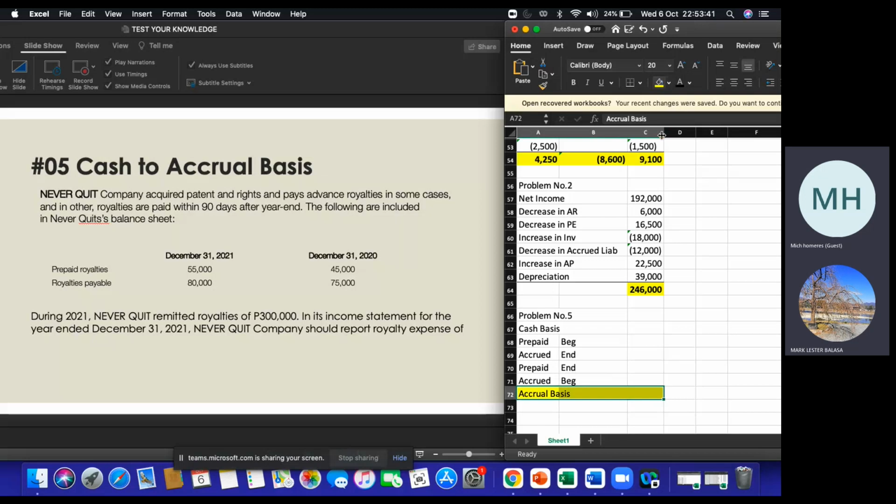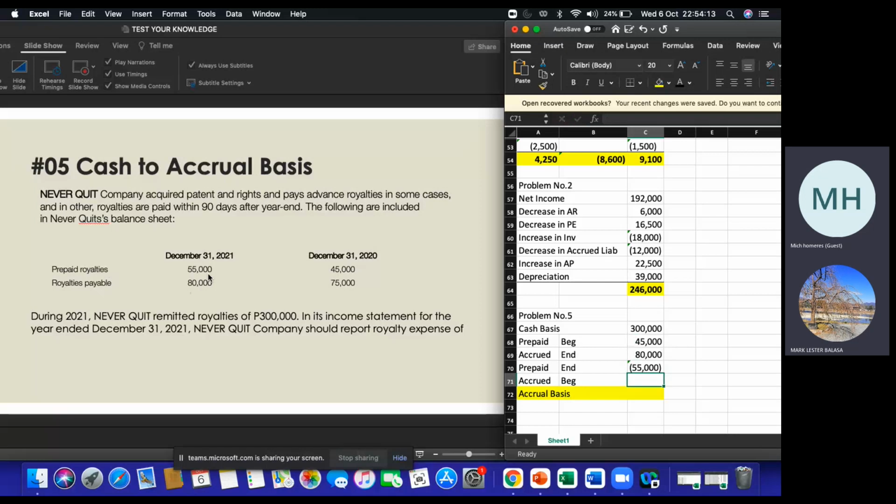Okay? So, ang cash basis natin, ito class, remitted royalties of 300,000. Okay? So, yung remitted royalty is 300. Prepaid beginning mo, you have this one, 45,000. Okay? Ang accrued ending mo, o yung payable mo, you have 80,000. Okay? And then, ibawas natin sa formula natin yung prepaid ending natin, which is 55.